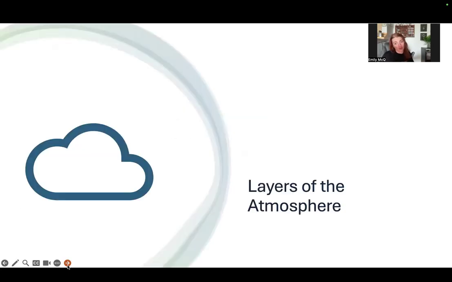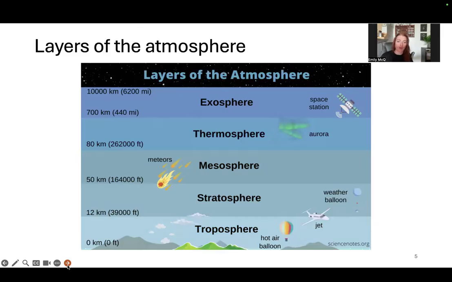So let's talk about the layers of the atmosphere. We live in the troposphere. Just above us is the stratosphere. Clouds don't get much higher than the base of the stratosphere. If you've ever looked up into the sky on a puffy, cloudy day and seen those clouds get flat at the top, we call those anvil clouds.